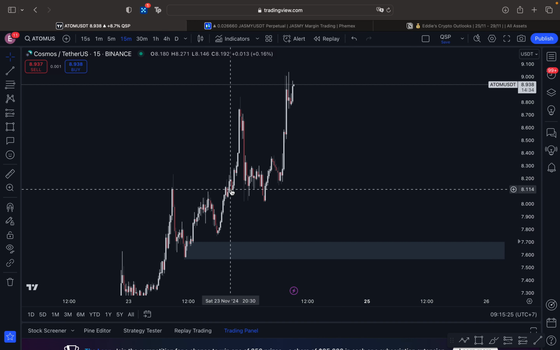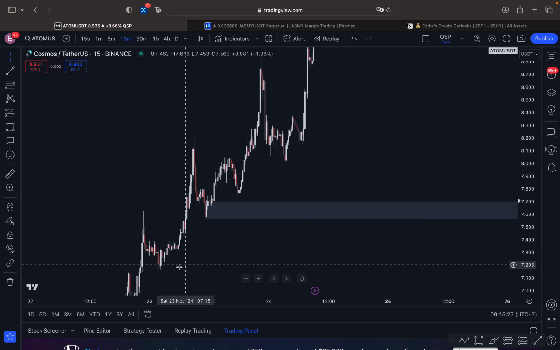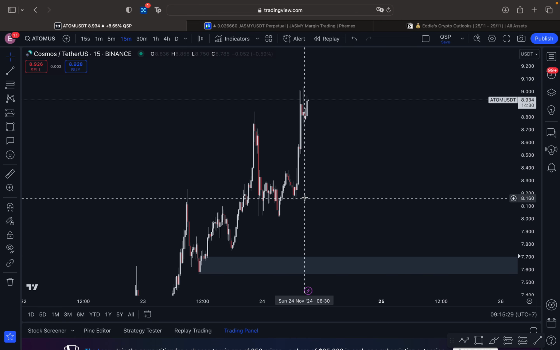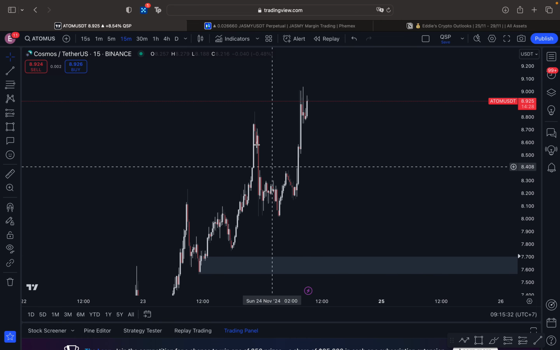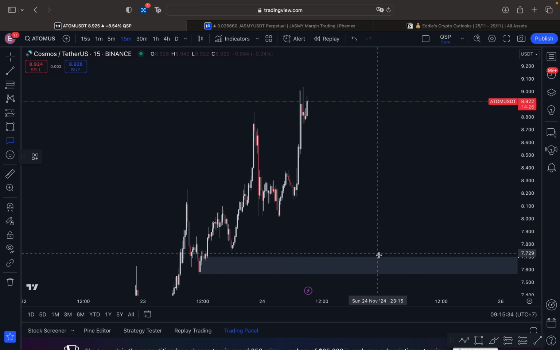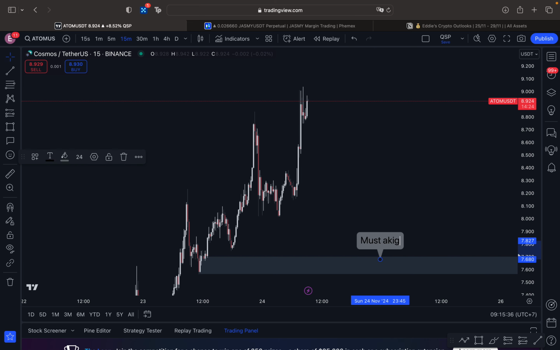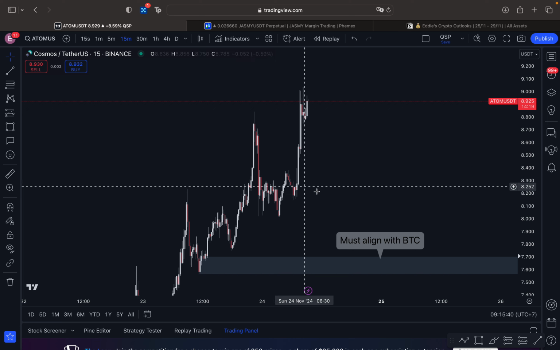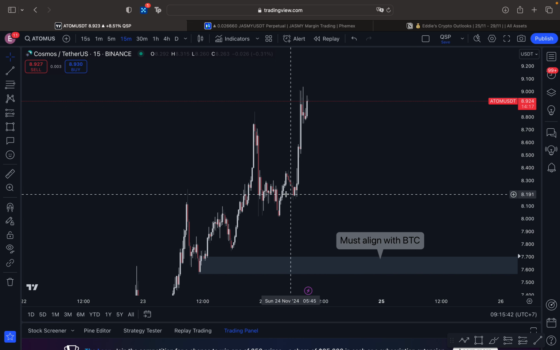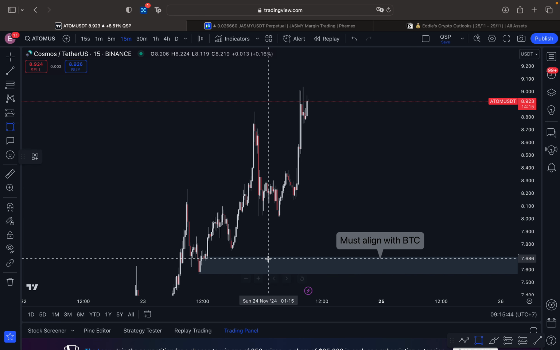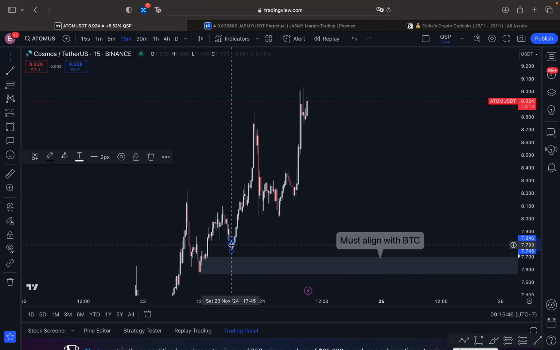I'm just going to mark this area here because of the F-boss, but there's a bunch of demand zones here. So when this area breaks, it could potentially be shorts. But I'm going to wait for an alignment with Bitcoin. So it must align with BTC. If it doesn't align, then we're not taking the trade. It needs to align, because what I am seeing is this area as well. Boss, IB, F-boss.